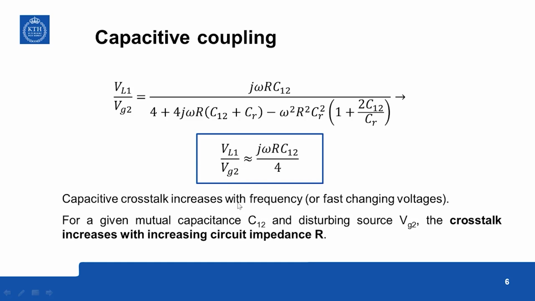Capacitive crosstalk increases with frequency or fast changing voltages because it is proportional to omega.